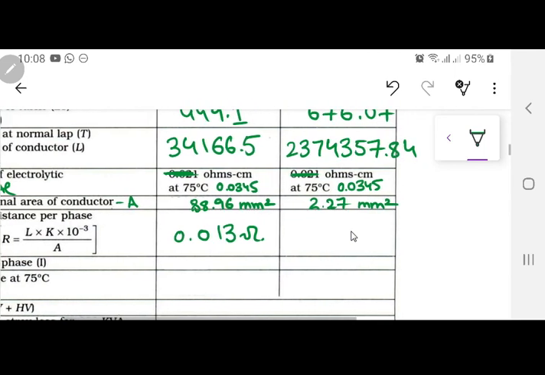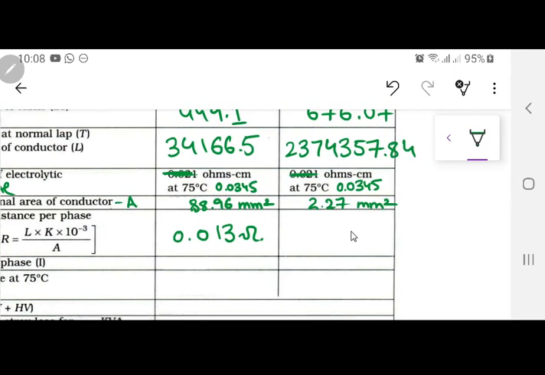This is a large value, 2374357.84. This was actually 0.021. Okay.